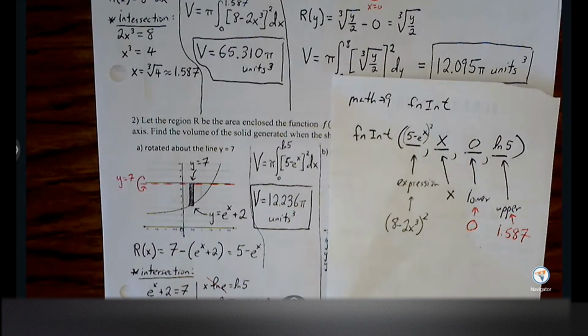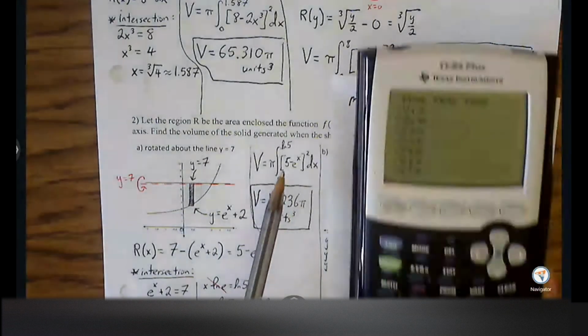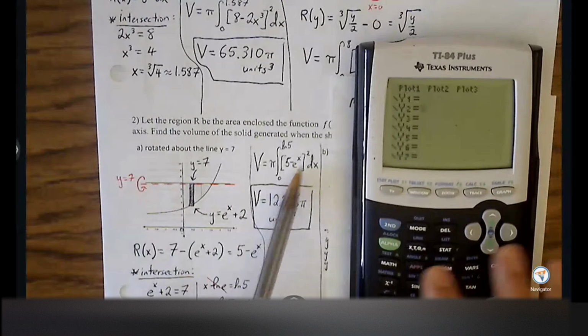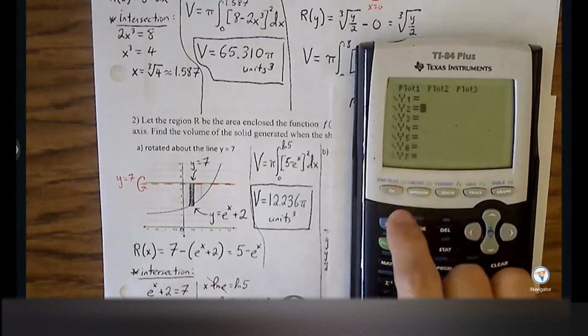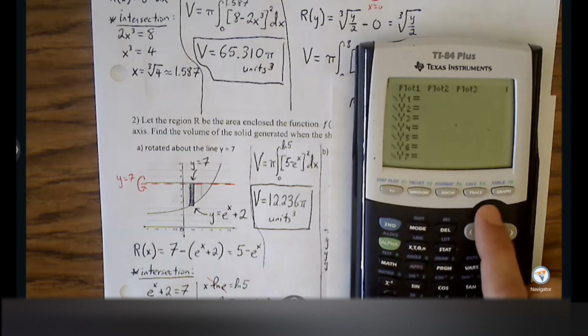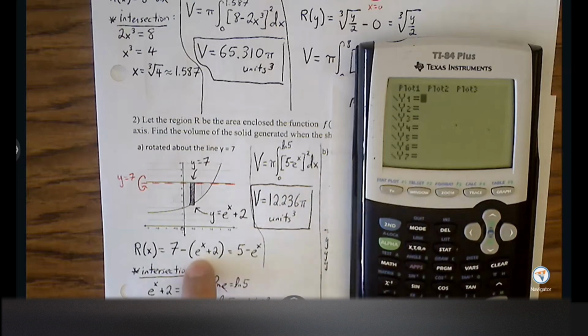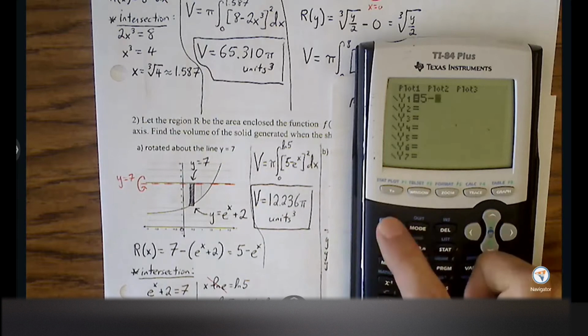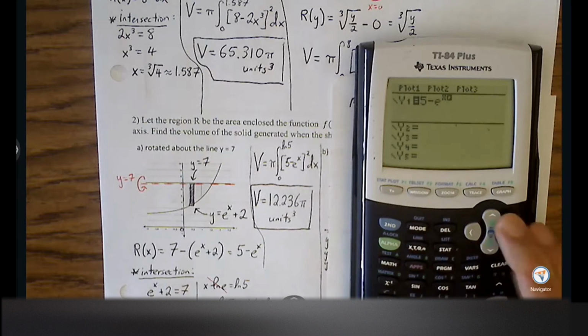Okay, so another option that you have in your calculator, if you don't want to enter everything in the same place, and to avoid the heavy use of parentheses, is that you can have this 7 minus e to the x plus 2, either form, stored under your y1.